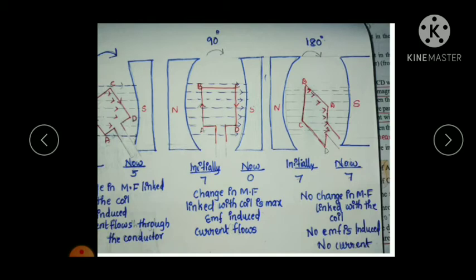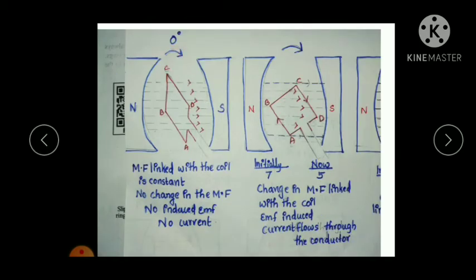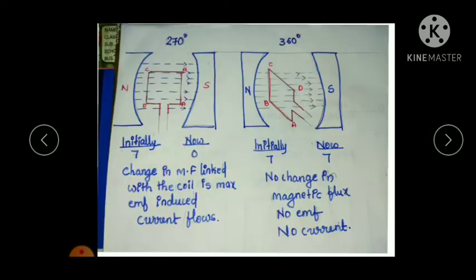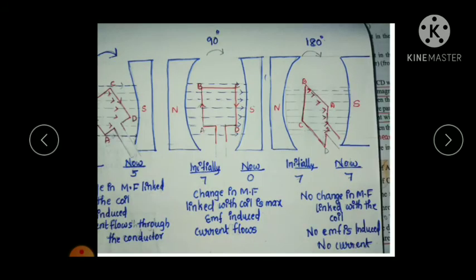So when it is 0 degree and when it is 180 degree, there will be no induced EMF in the armature coil. Now again rotating in the clockwise direction, what will happen?